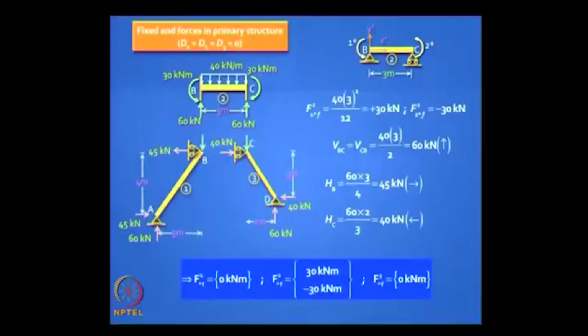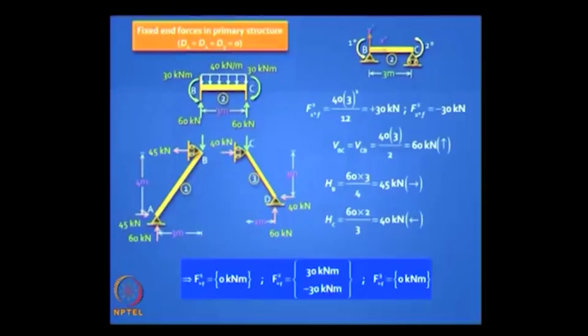What is F2F? F2F is plus 30 because it comes from element 2. What is F3F? Minus 30. What is F1F? It's not 0. If it's 0, then you make a mistake. What is F1F? 40. Yeah.